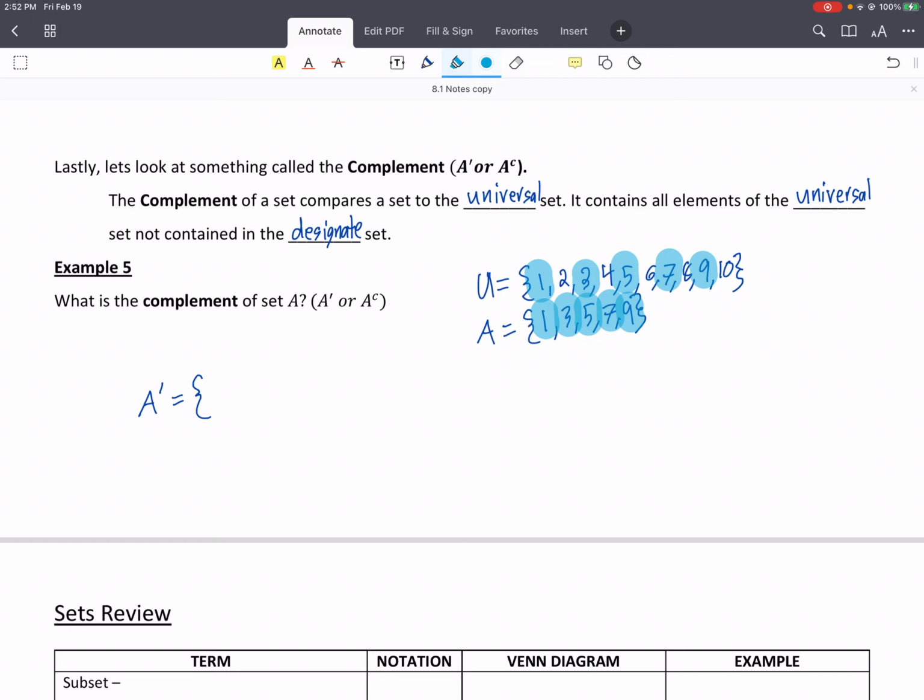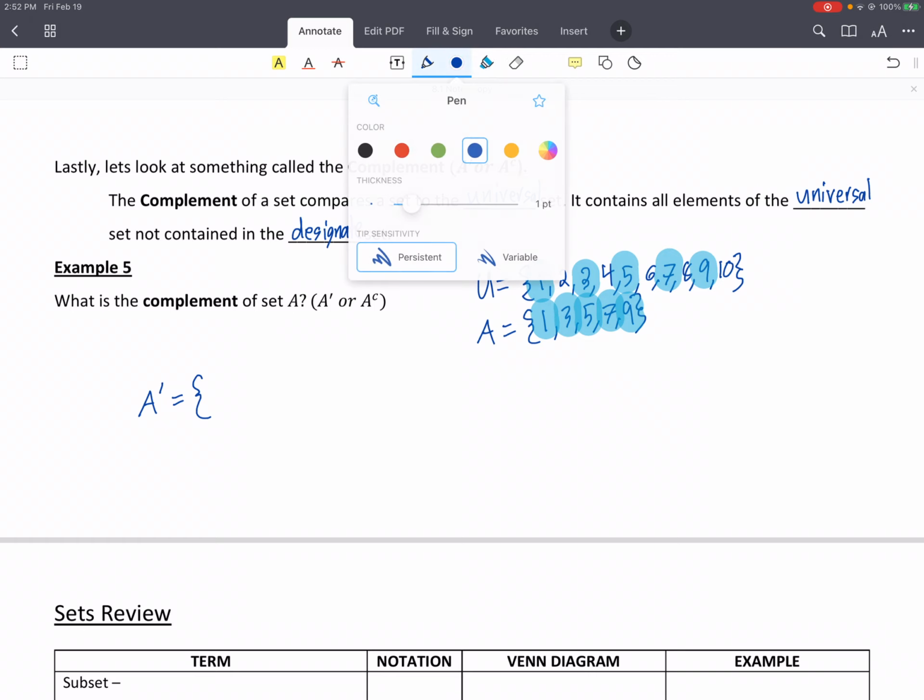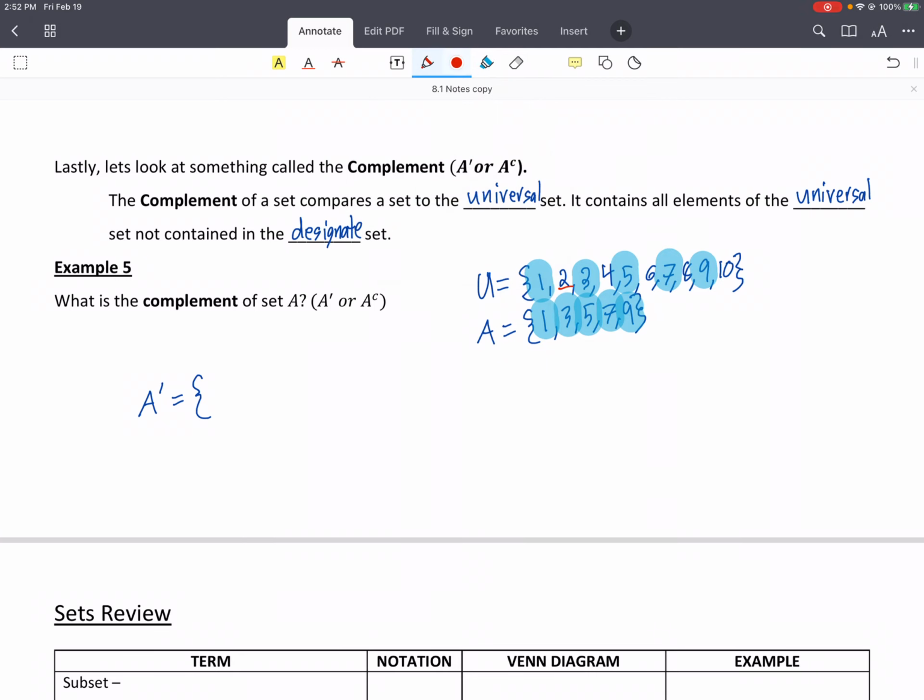So all the numbers we didn't highlight would be in there. So we'd have 2, 4, 6, 8, and 10. So A prime, or A complement, would be 2, 4, 6, 8, and 10.